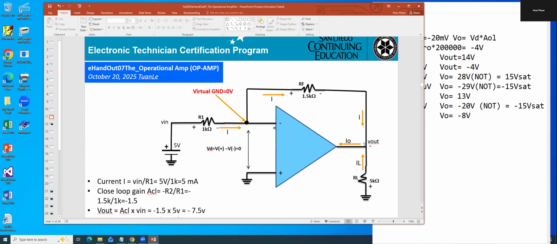Op amp pulls the current inside. Also, you can get one side of the load at 0, the other side negative, so you get IL, the load current. So the load current goes into VL, and also goes inside.